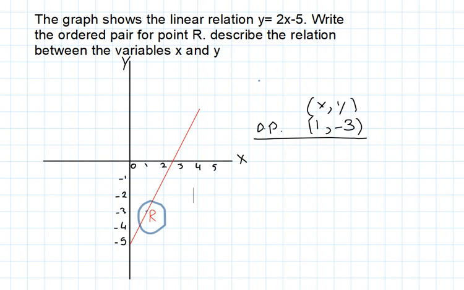So I would look at this and say, what I really want to see from everybody is that everyone would say as x increases by 1, y increases by 2.